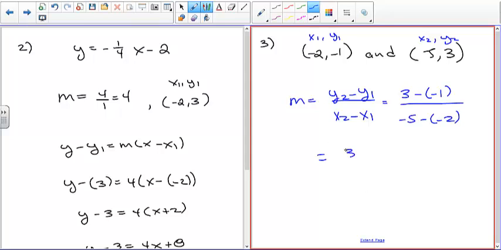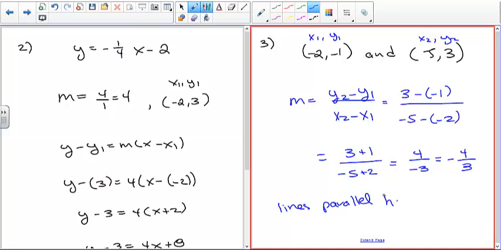So I'll get 3 plus 1 divided by negative 5 plus 2, which is 4 divided by negative 3, or negative 4/3. So you need to write that lines parallel have a slope of negative 4/3.